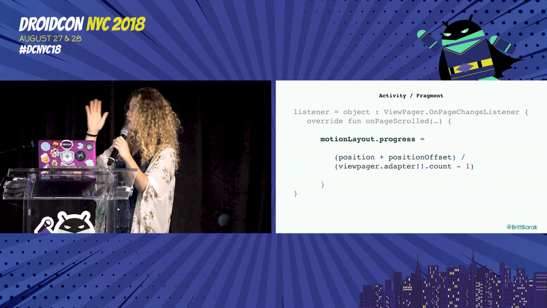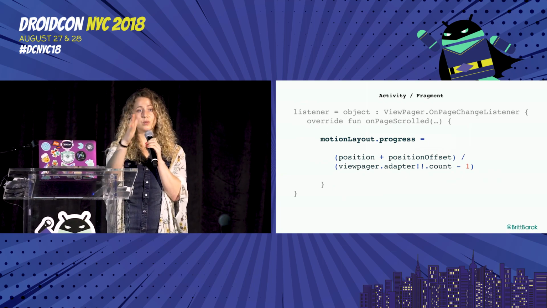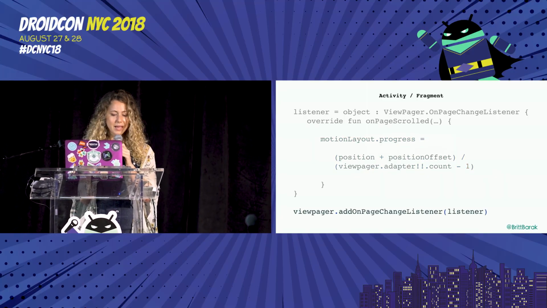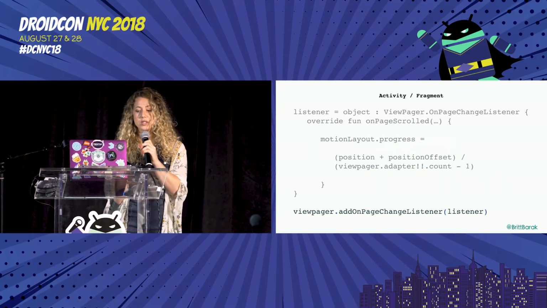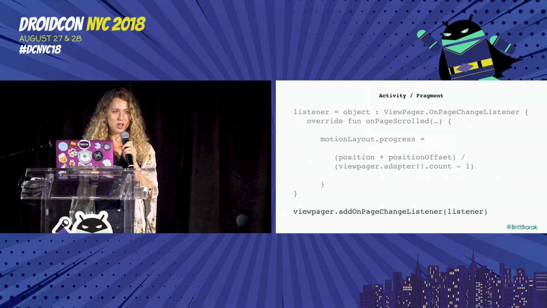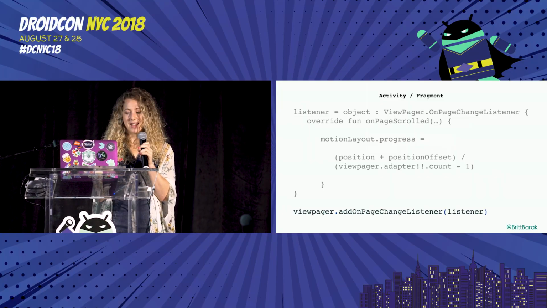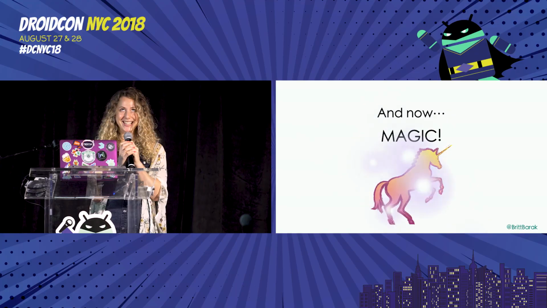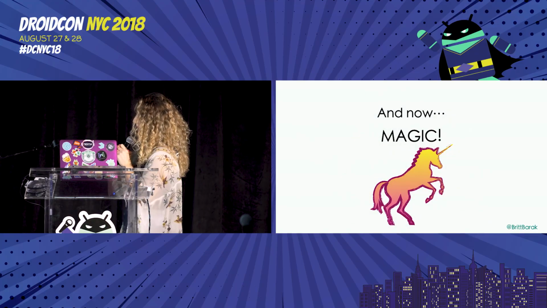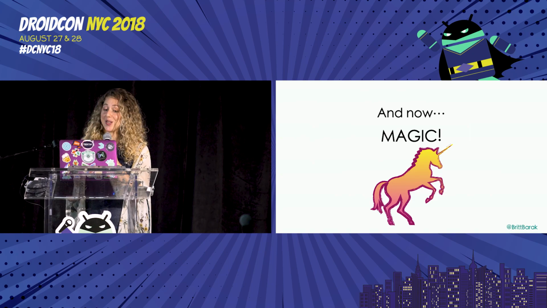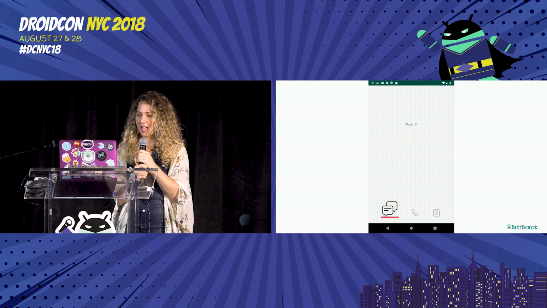So just go to the specific place, the percentage of the path that we wanted to animate. Extremely simple, and then we just need to add the listener to the page change of the view pager, and that's it. Pretty simple, and everything it does for us is just magical, I think. Pure magic, because we barely did anything, and it does all the animations for us. So really, really cool.